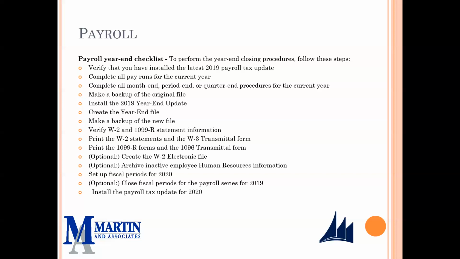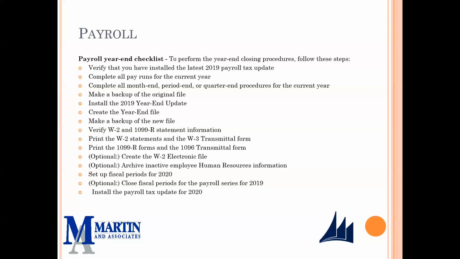Print your W-3, any 1099-R and 1096 forms. If you need the e-file, you can create your W-2 electronic file and send that off to whoever needs to get it, like SSA.gov or something like that.